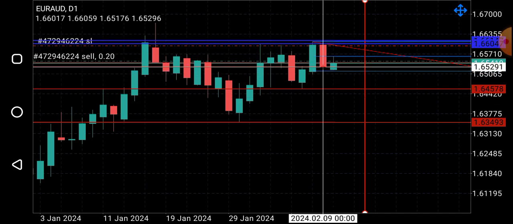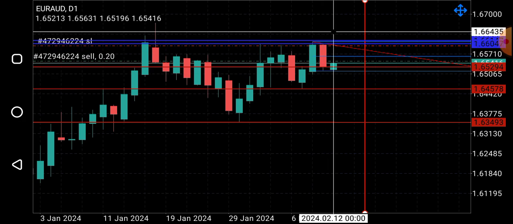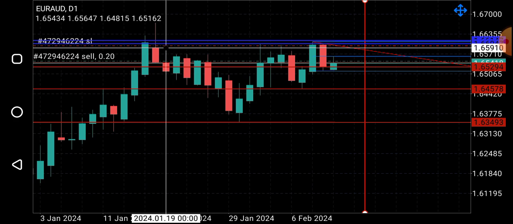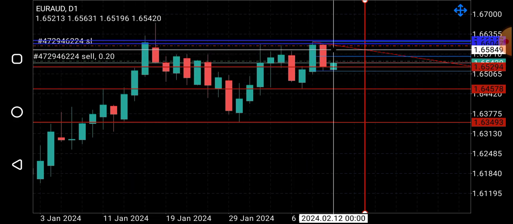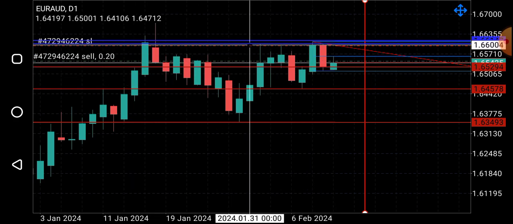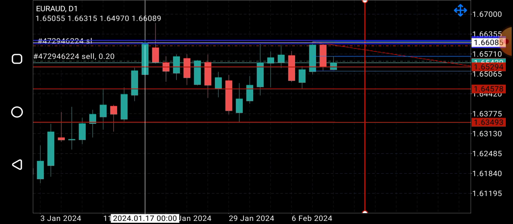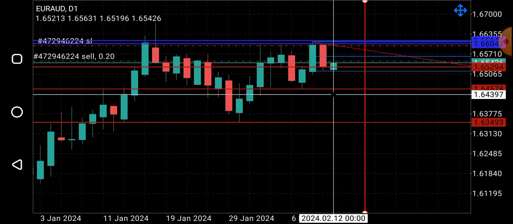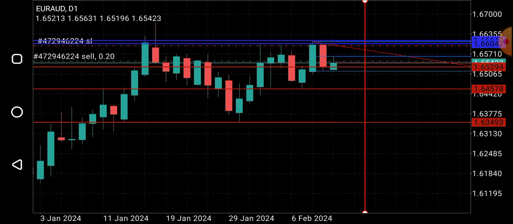This indicates that on Friday the sellers, the bears, overpowered the bulls. We also had a resistance at this level. Price tested that resistance and there was a strong rejection from that level, and that's why my bias on Euro Aussie this week is bearish.